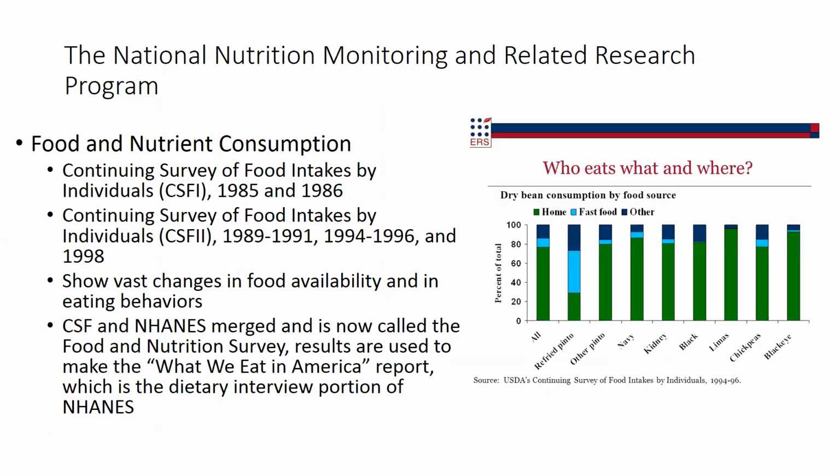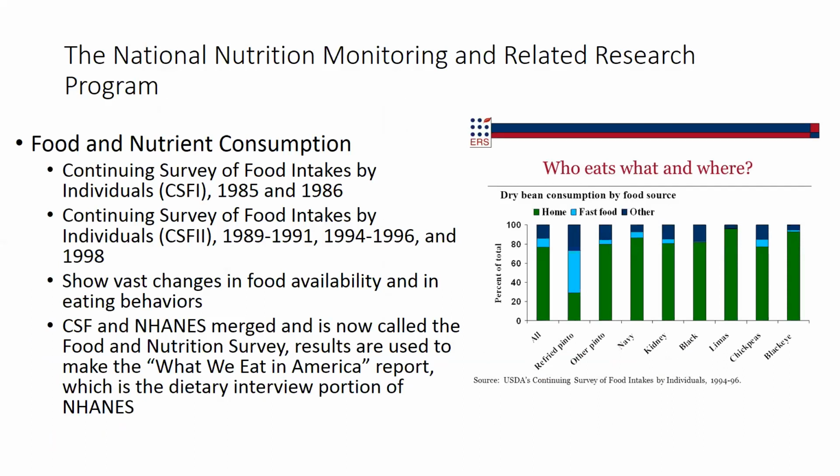Here's another example of a survey that we do. The Continuing Survey of Food Intake by Individuals started in the 80s and continued almost to the turn of the century. Not surprisingly, it showed that there are vast changes in food availability and eating behaviors.